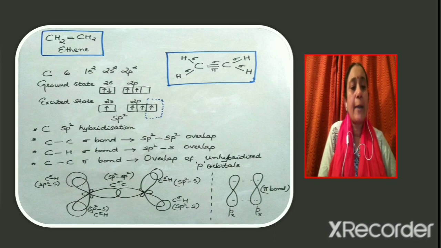By the overlap of the unhybridized p orbitals present in both the carbon atoms. If we consider the px orbital as the unhybridized p orbital with one carbon, this unhybridized px orbital of one carbon will overlap in a sideways manner with the px orbital of the other carbon atom, and that is how a pi bond is formed between the two carbon atoms.